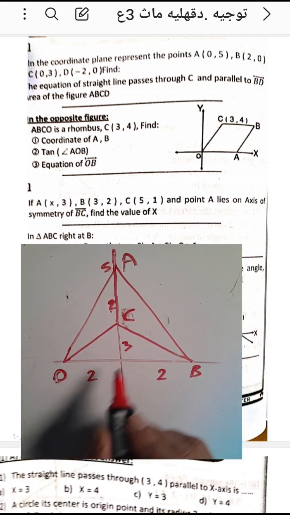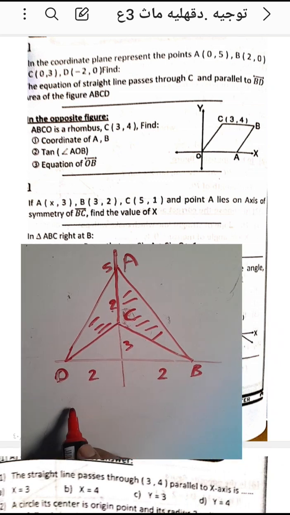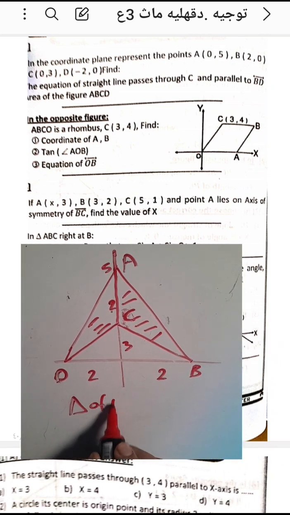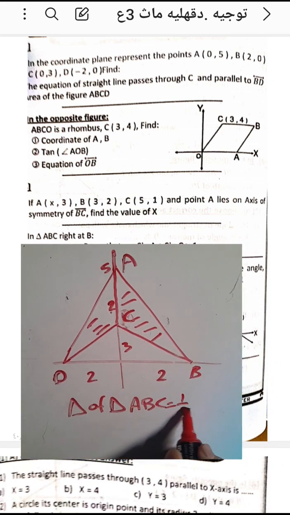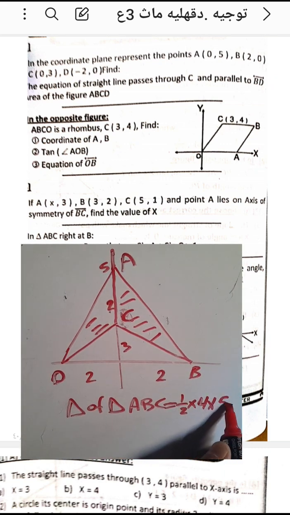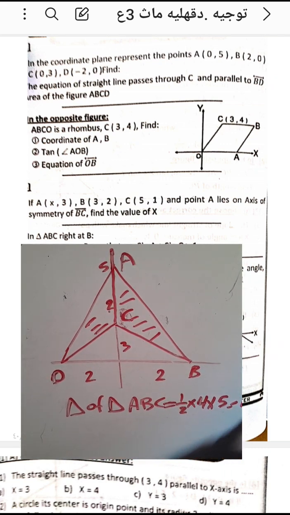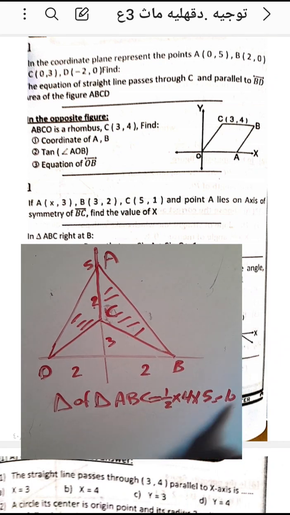You want to find the area of this figure. First we can find the area of triangle ABC, which is half times base times height, and that will be 10 square units.